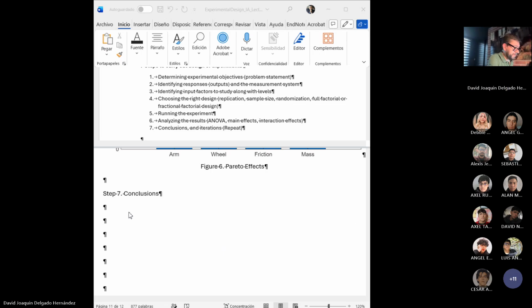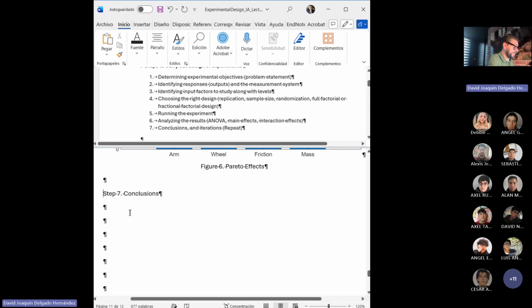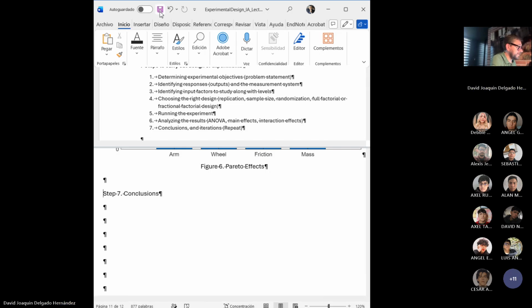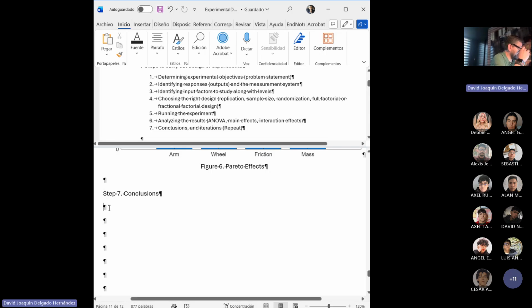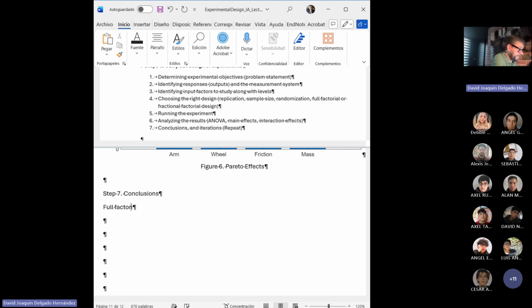So what can we say here in this second case study? Well, let us put the full factorial design would have implied 2 to the 4th experiments.